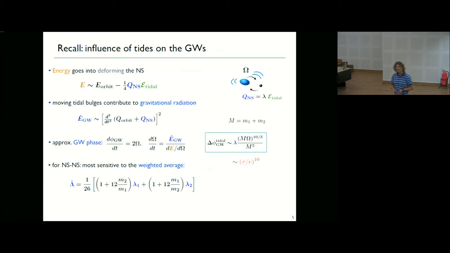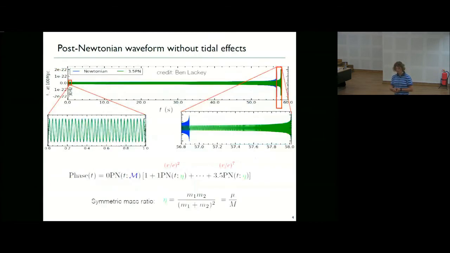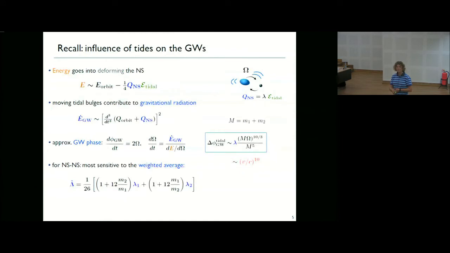Roughly what we found was that these tidal corrections always scaled as the frequency to the 10/3 power. When we took the fractional tidal corrections, it was always omega to the 10/3, and that corresponds to (v/c)^10. So it's a much, much higher order relativistic effect than the post-Newtonian effects that we currently know. It scales as a high power of v/c, but physically it's a Newtonian effect.